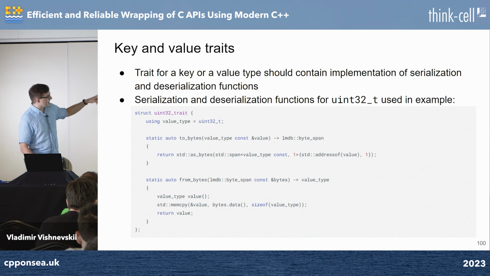So this is an example of uint32 traits. We need to provide the to_bytes and from_bytes functions that will be used internally by the repo. This is the client code.